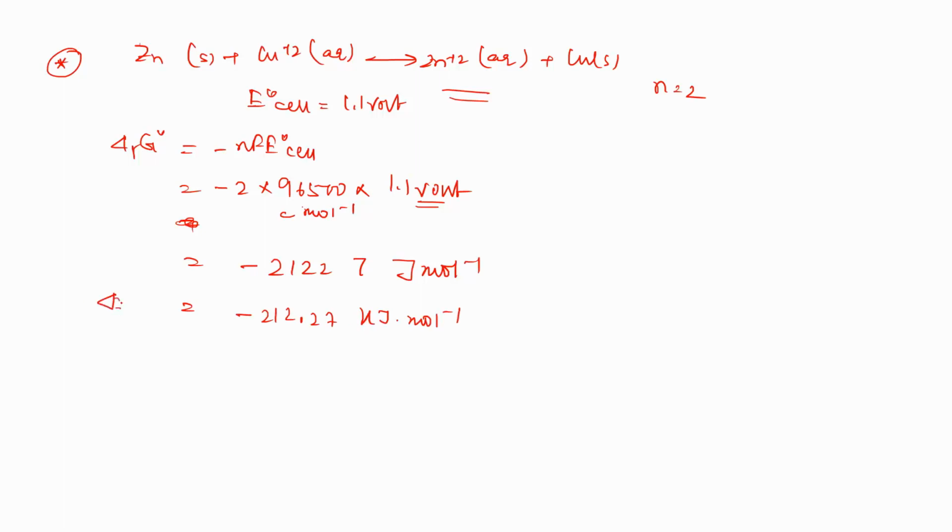In this way we will get questions in various types of competitive exams. They will ask to calculate the ΔG0 value. They will also ask the equilibrium constant value from the Nernst equation. So in this way we have to calculate, and also we have to know the relation.